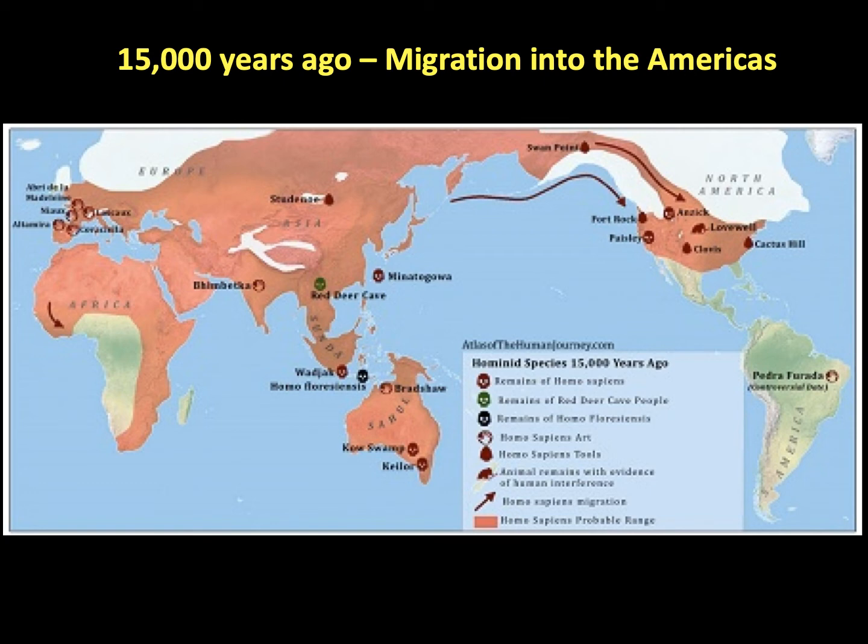Also note that most of the other Homo species by this time have gone extinct. So Neanderthalensis and the Denisovians are gone. There are remains of Homo floresiensis on an island from that time period. So it is possible that a few remnants of some other Homo species remained 15,000 years ago.